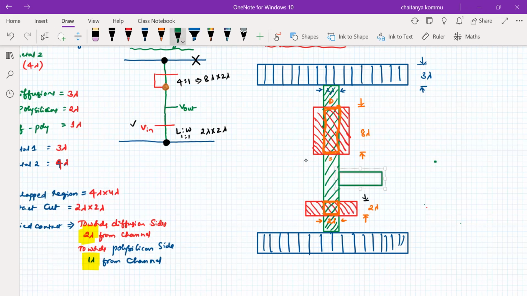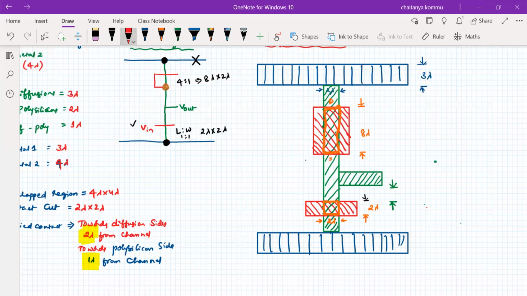Can we use the design rules for this one? Yes, obviously the design rule is involved here. This is the diffusion line and this is the polysilicon line. So the diffusion to polysilicon, how much distance should we maintain? A minimum of 1 lambda.